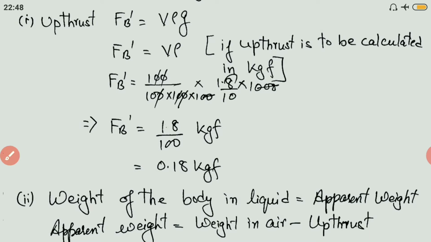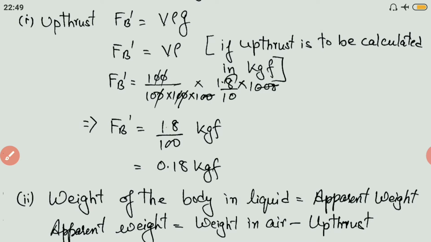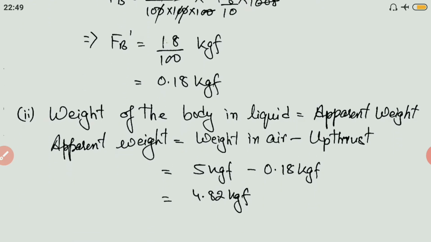Now replacing the values of V, which is 100 upon 10 lakh, multiplied by density, which is 1.8 multiplied by 1000, and doing the calculation, I shall get FB dash, that is the total upthrust, equals 0.18 kgf. Now coming to the next part of the question, the weight of the body in liquid.